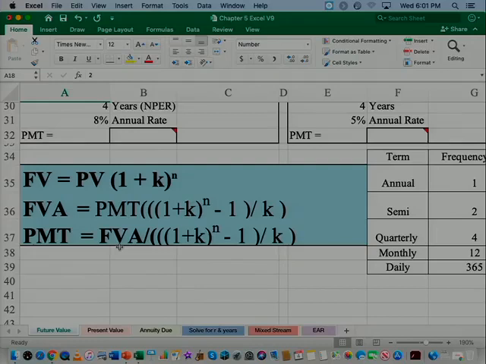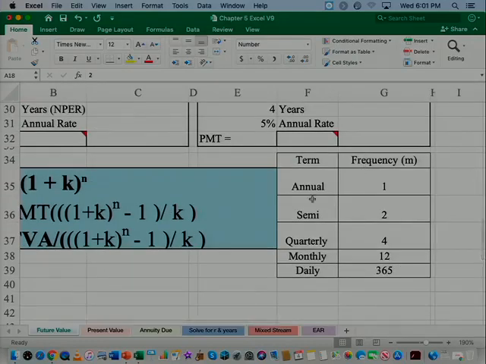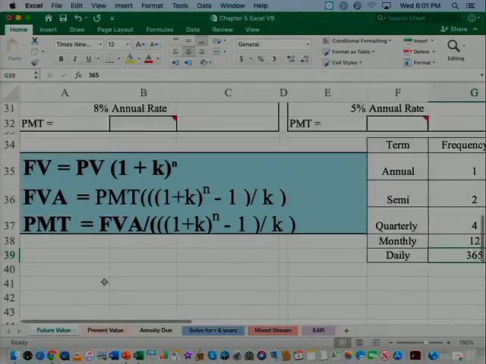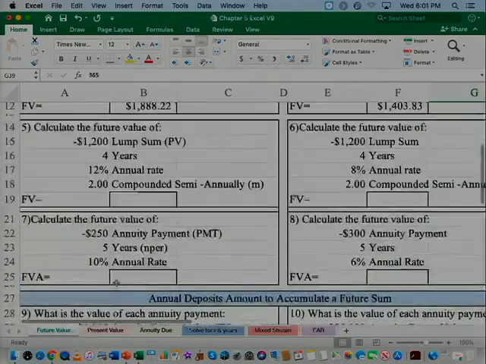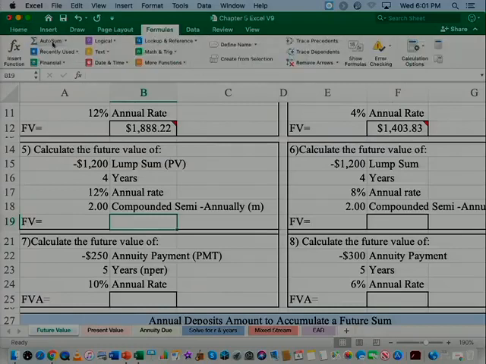These are the mathematical formulas, if those were set up. But we also have the frequency. So annual is 1, semi is 2, quarterly is 4, monthly is 12, daily is 365. Okay? So we have to keep an eye on that frequency. So when we calculate the future value, we use that same formula. So we go into formulas, and we want to get the future value.